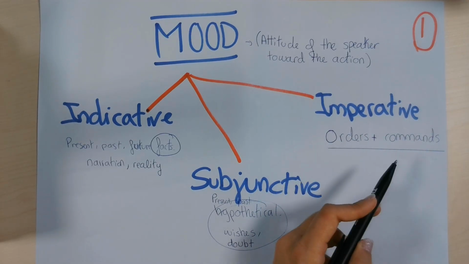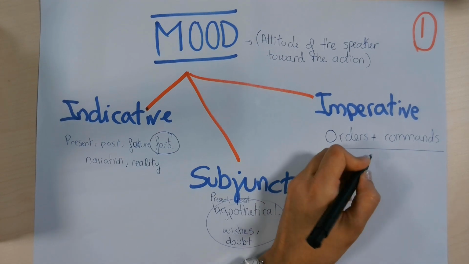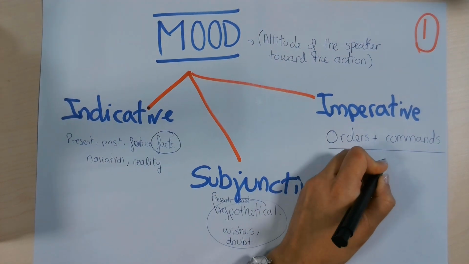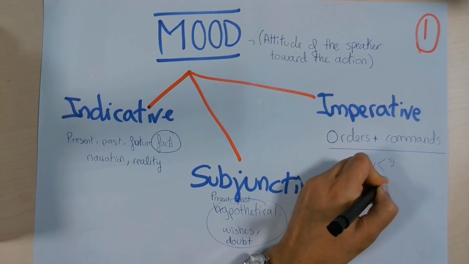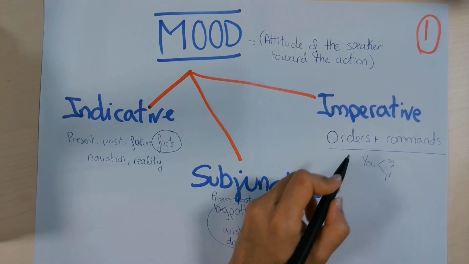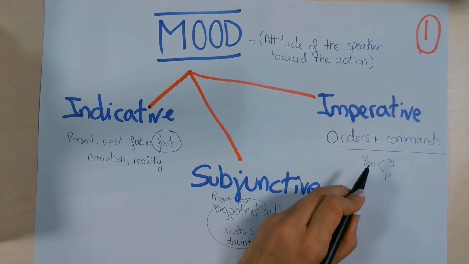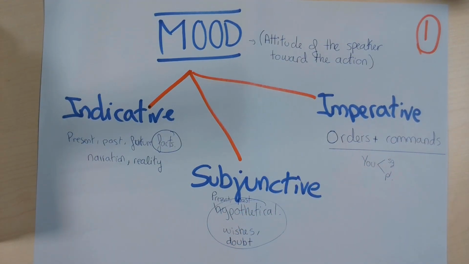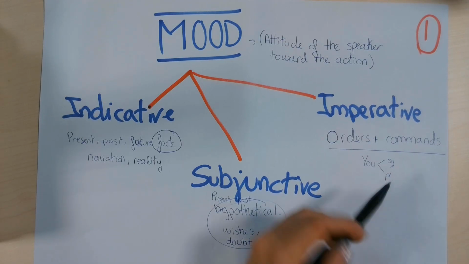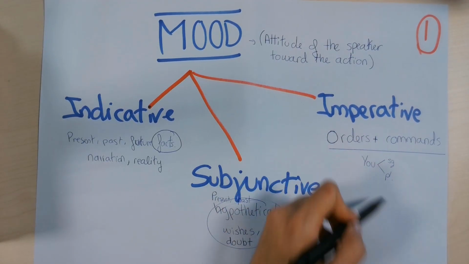Finally, the imperative only has one form, which is the you form of the verb in the singular and the plural form. So you will use it for orders and commands such as stand up, sit down, eat your food. So it could be you do this or you plural do that.